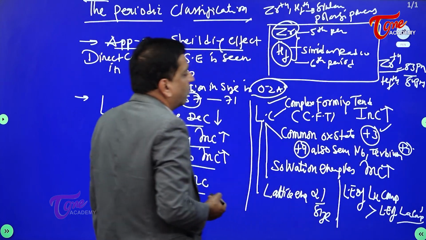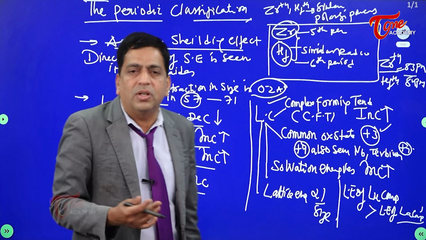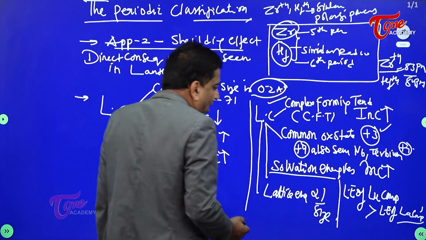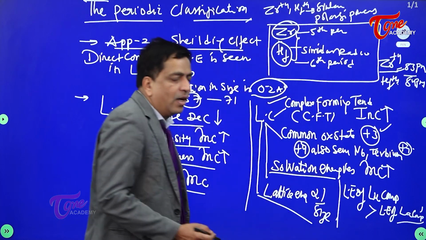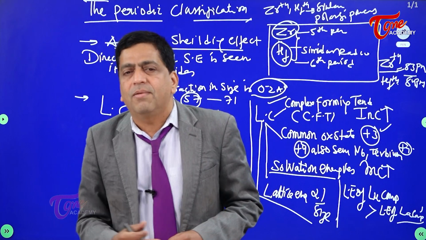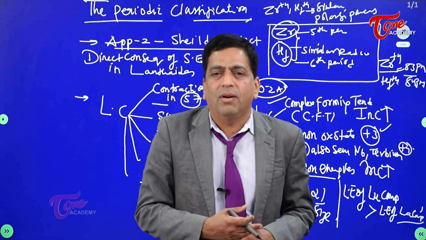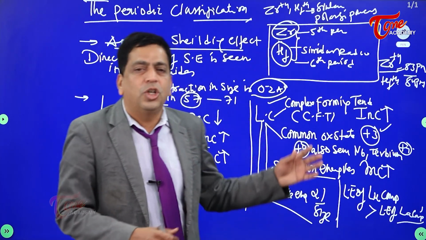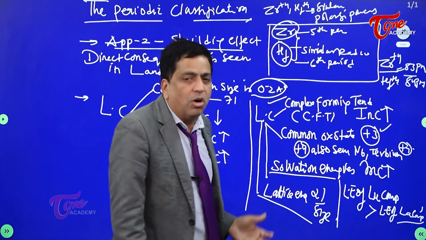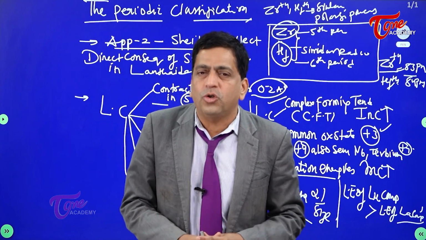You also have +4 states like cerium and terbium. Solvation energies are high. Lattice energies would be higher for lutetium and lesser for lanthanum, from left to right. Also, zirconium and hafnium have similar polarizing powers because they have similar radii.